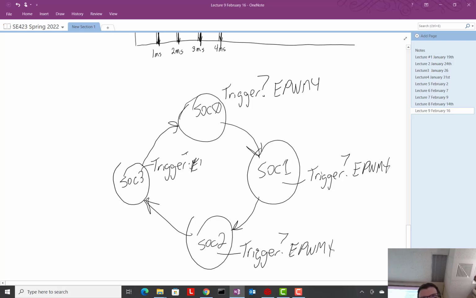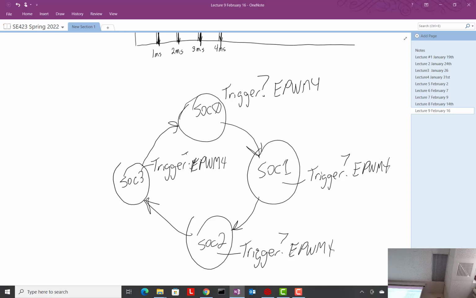In this case, EPWM4 is not being used to drive a motor or anything. It's simply being used as a timer. TI gave us 12 PWMs, and they realized in a lot of situations you won't need 12, but you can use them as a timer.